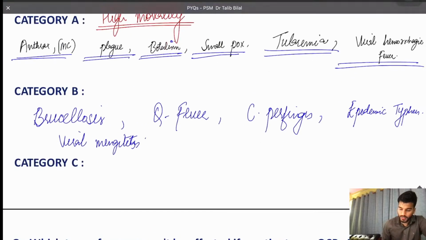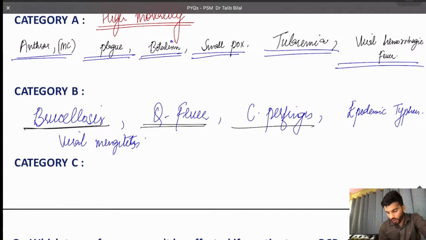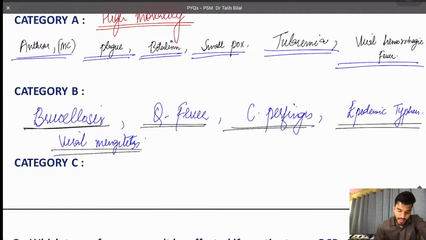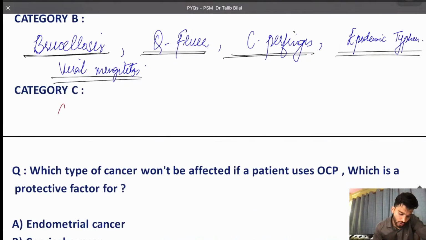That all goes with category B: B for brucellosis, Q fever, Clostridium perfringens, epidemic typhus, and viral meningitis. Okay, and in category C we have coronavirus and Nipah virus.